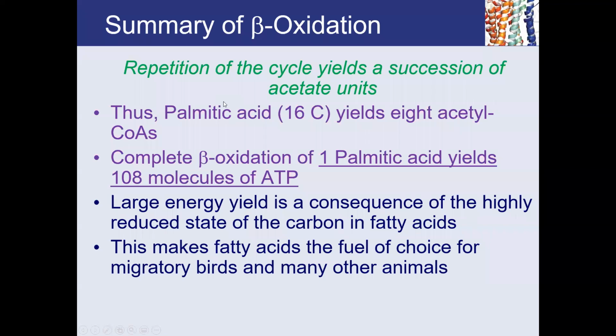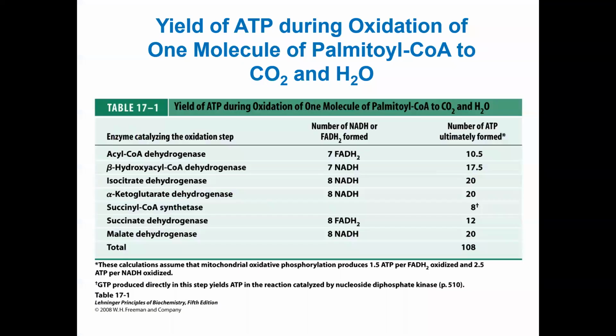And those 8 molecules will go on to get further oxidized, and eventually they will make 108 molecules of ATP. And I showed you how that number is arrived at, right?